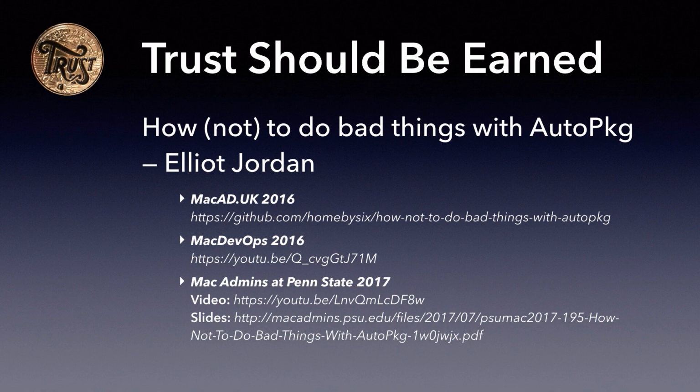Some more likely than others, but if you're going to watch one of these talks, watch the more recent one from MacAdmins here last year. And that's because it incorporates something that the AutoPkg project added between his last 2 talks there on this topic.